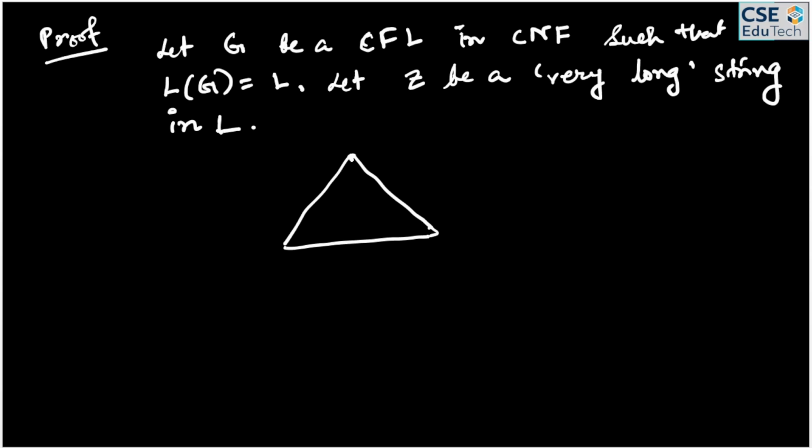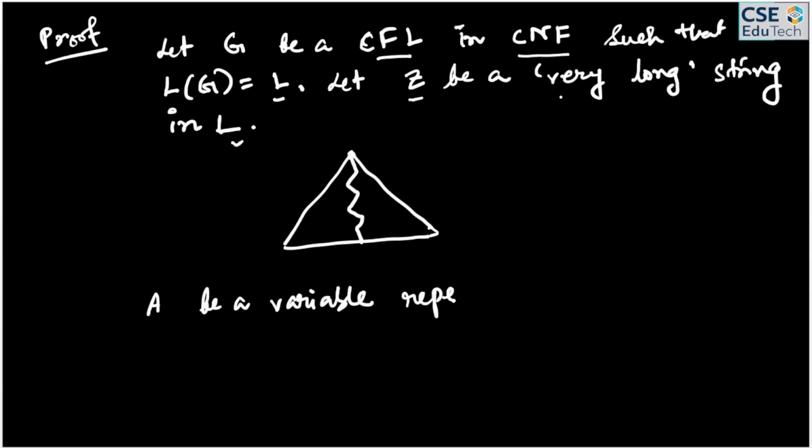We assume that from here to the bottom of the tree, this is the longest path. So within this long path from root to bottom, that is the leaf node, at least one variable is repeated. So we assume that A is a variable that repeats.